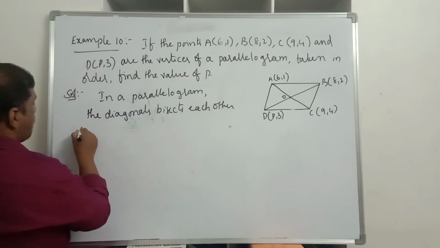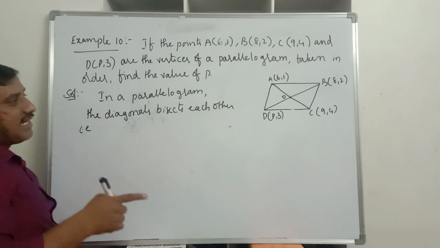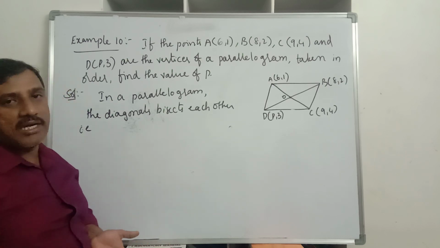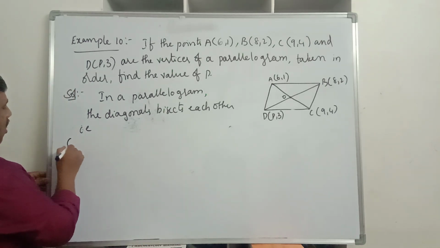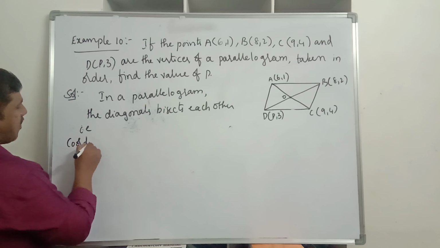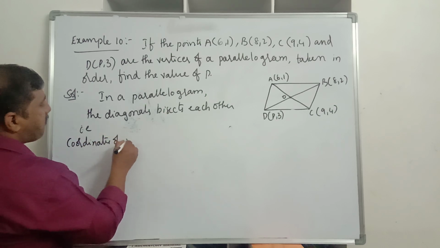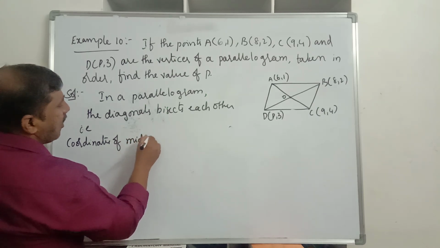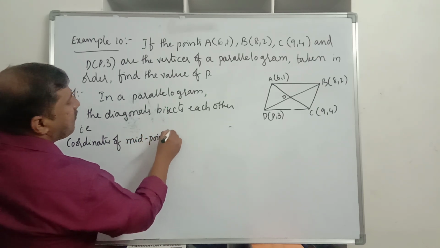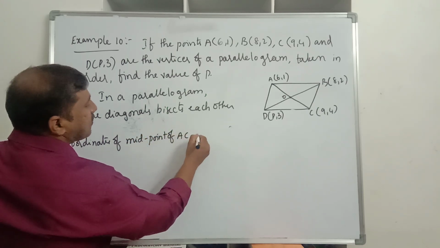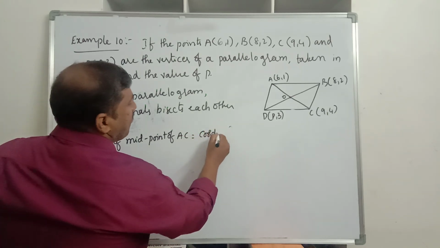That is, the midpoint of AC is equal to the midpoint of BD.